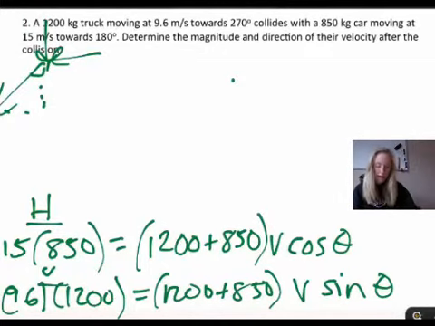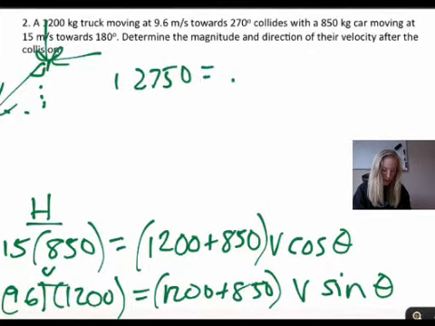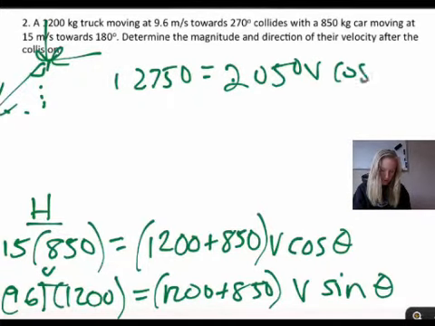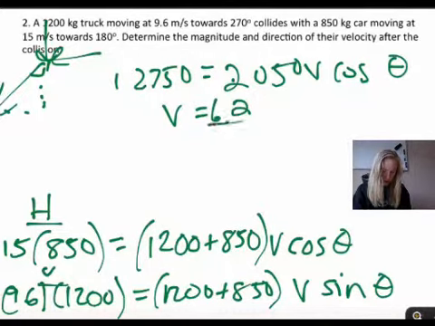Okay, so we have 12,750 equals 2,050 v cosine of theta. So we have v equals 6.2 divided by cosine of theta.